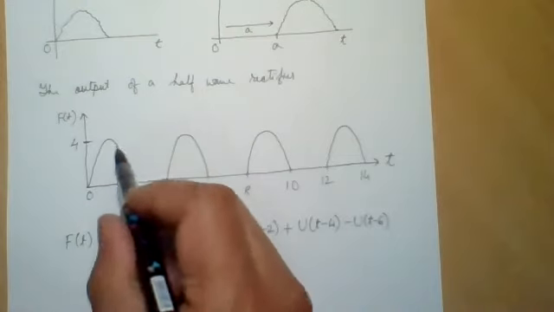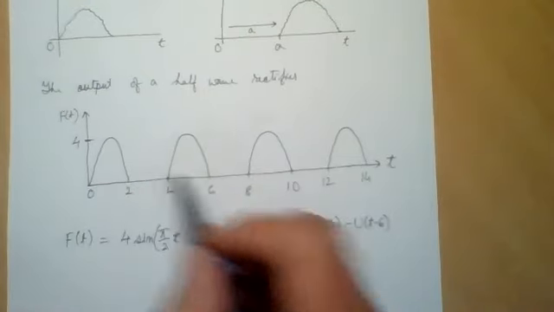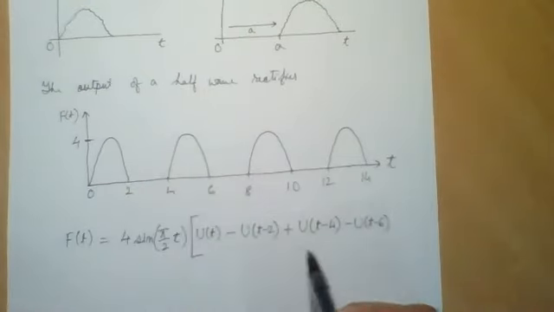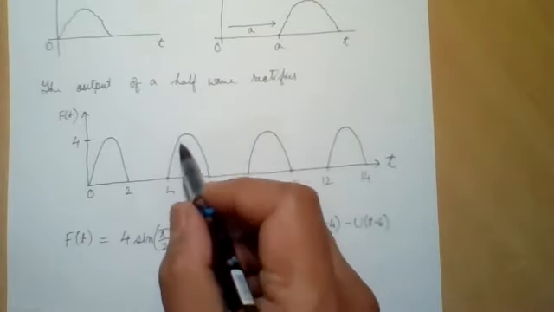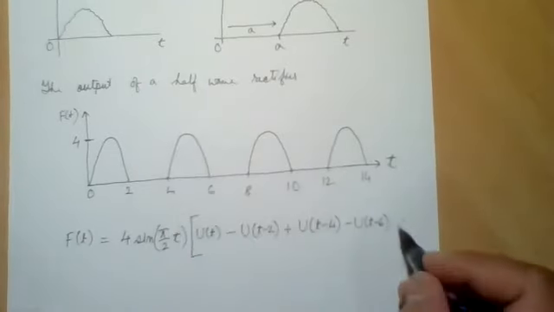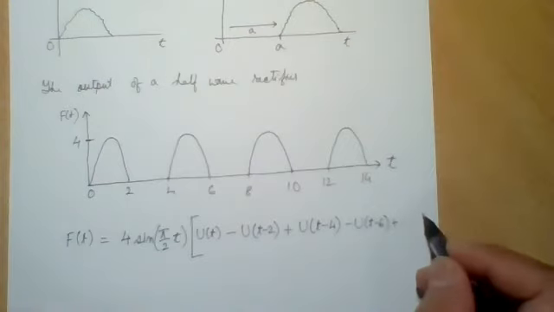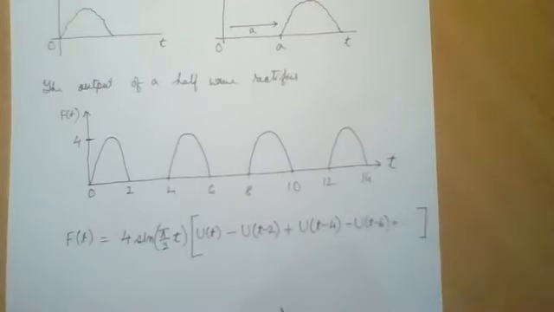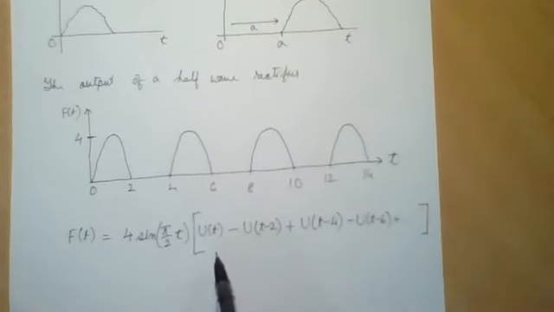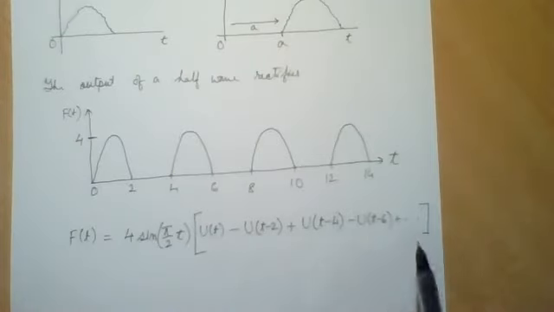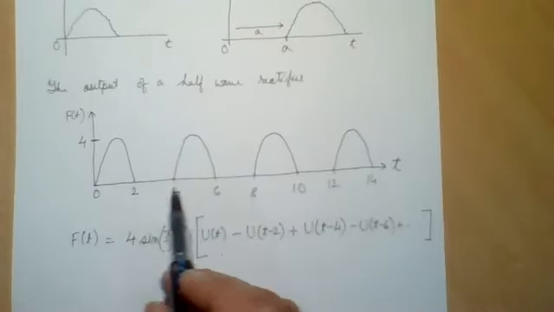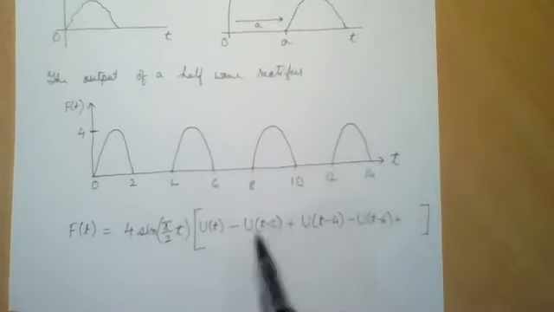I will get this first half sine wave from these two terms, and from these two terms I will get the second half sine wave like this, and this will continue. So by using a series of unit step functions, I can model the output of a half-wave rectifier like this.